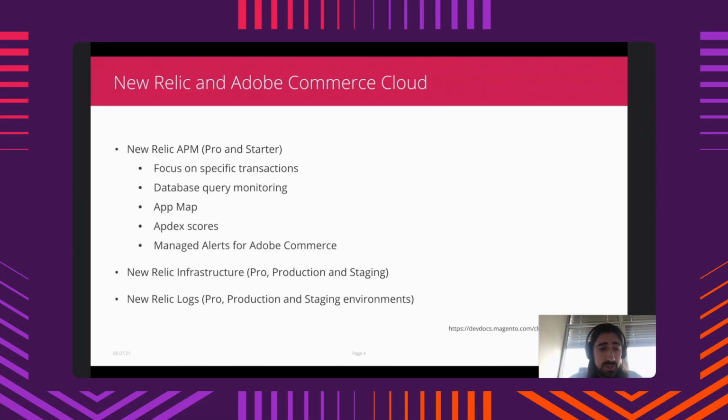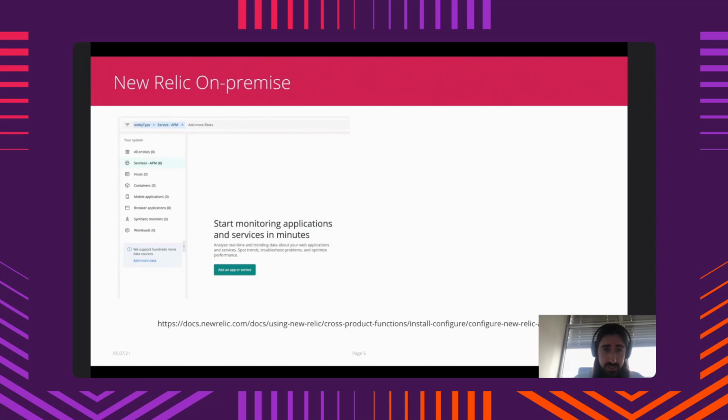And we have NewRelic logs, which I really like. I would not say it's quite fresh, but it's been available with Magento for about a year plus, especially when we're working with a cloud, which always has multiple instances. And it's sometimes been hard to find the exact logs we want to find.